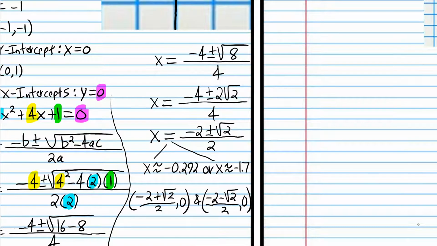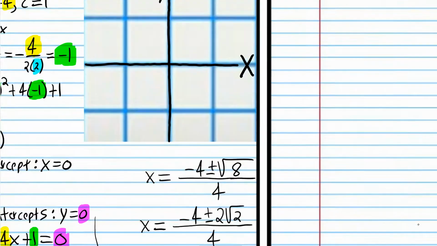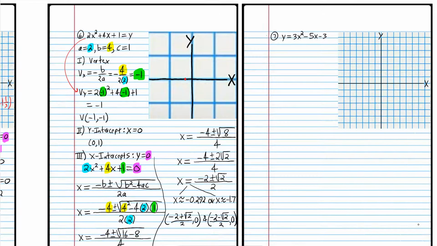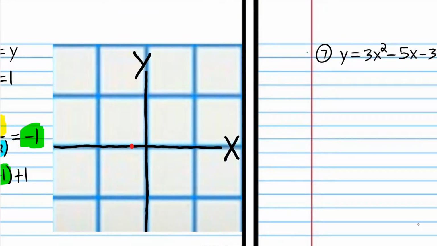Okay, so let's plot those. Negative 0.29 is going to be about here, and negative 1.7 is going to be about here.